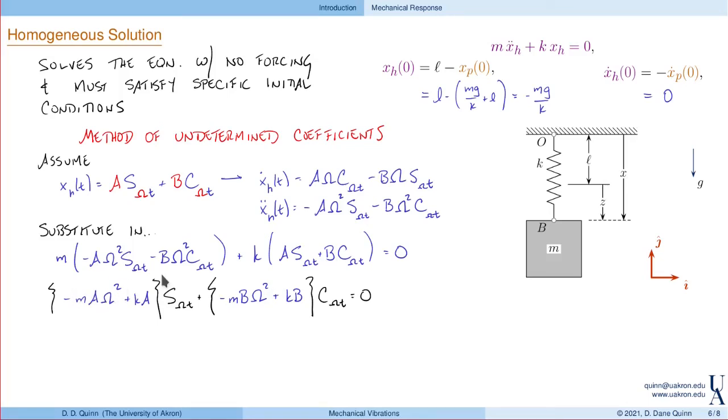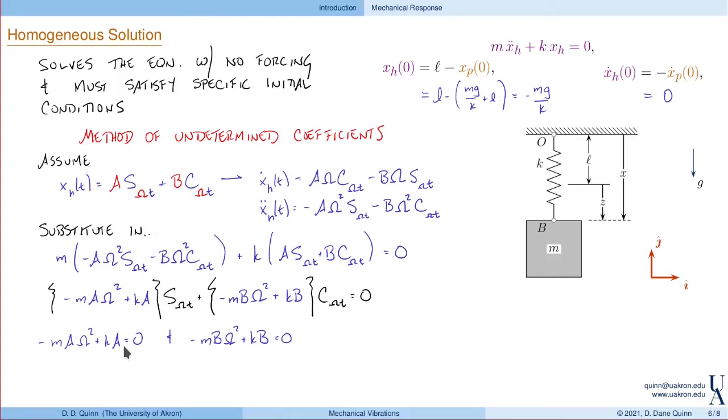So here, the solution satisfies the equation of motion if minus m A omega squared plus k times A equals 0 and minus m B omega squared plus k times B equals 0.